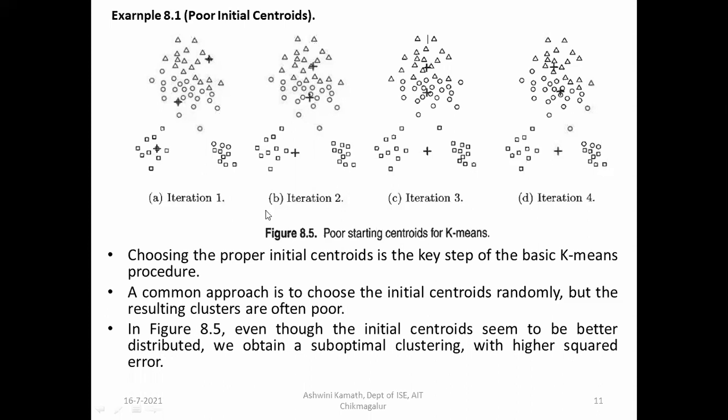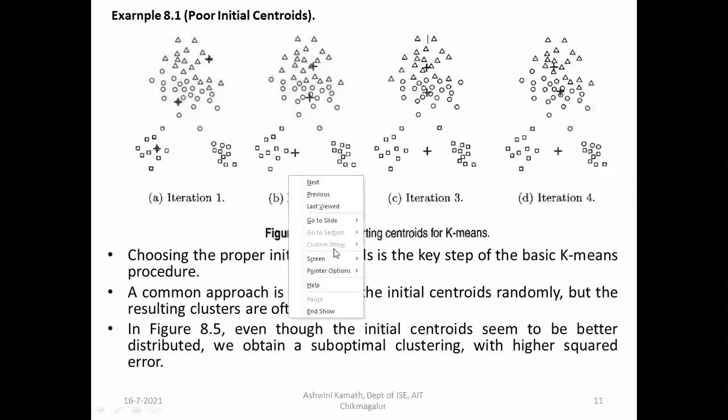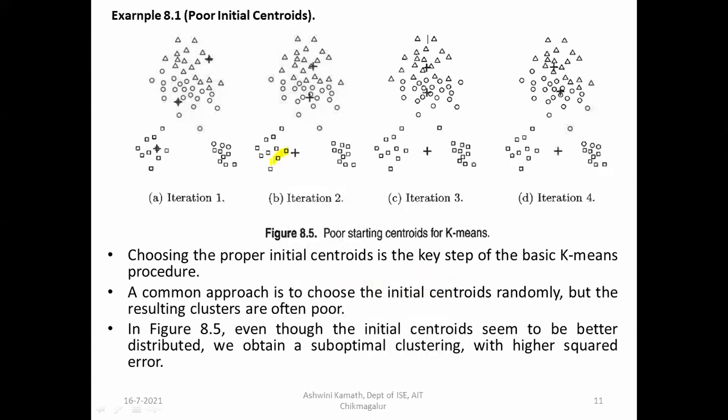In the second iteration, you can see that the centroid for the triangle shaped data has moved here, this one also moved here, and for the square shaped data, it got in between these two sets of data points. We have one set of data points here, another set here. These are similar, but the centroid came in between, right?